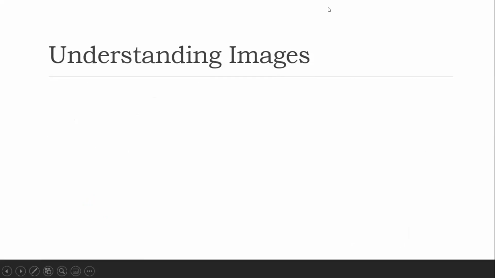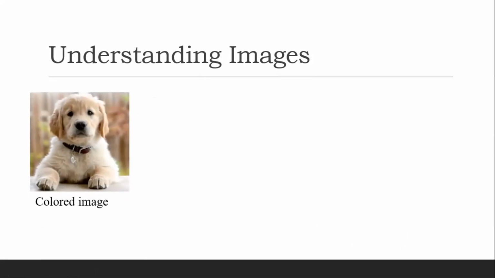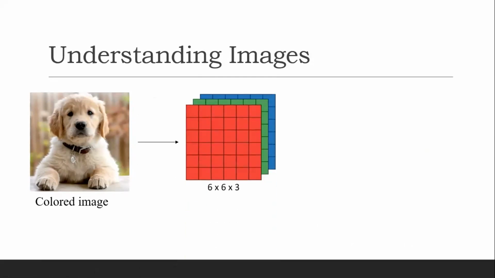Now, we would like to understand images. So given a colored image, I said it basically has three channels, right? So there's red, green, and blue. And these red, green, and blue channels have been stuck together, right? Now see these channels as different images stuck together.